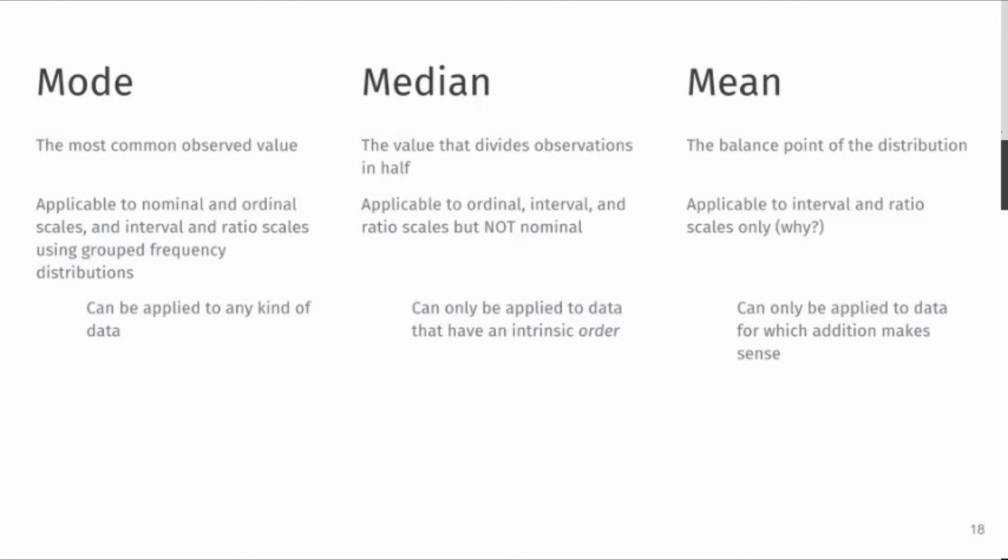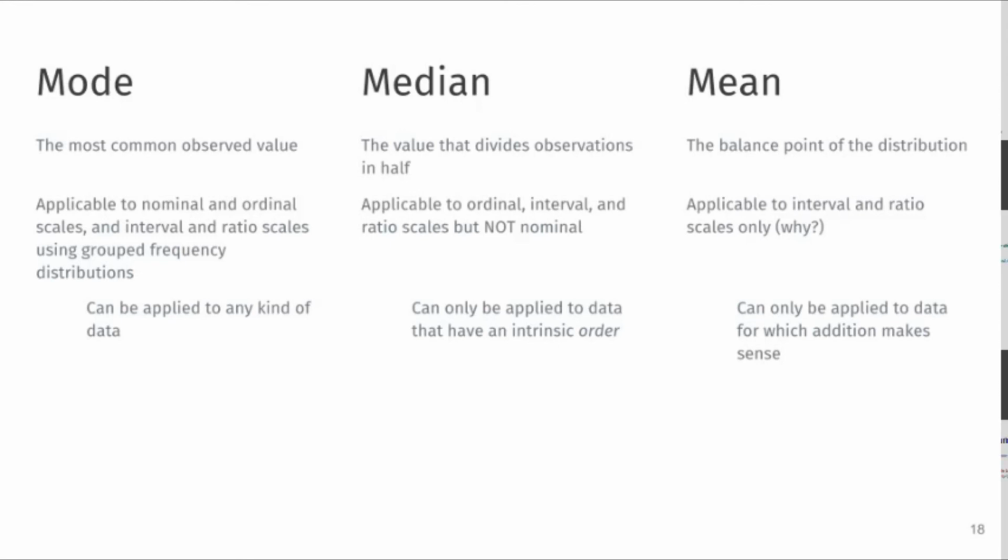Now, I'm quite a stickler about this. I know that the book, as well as many practitioners in the field, will take means of ordinal scale data. In other words, means of data on a scale where you can put the observations in order from smallest to largest, but the difference between any two values is not meaningful.